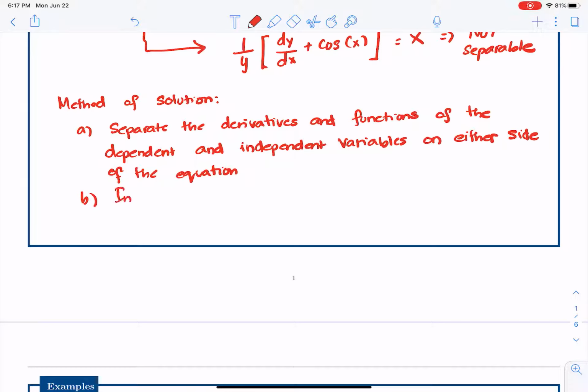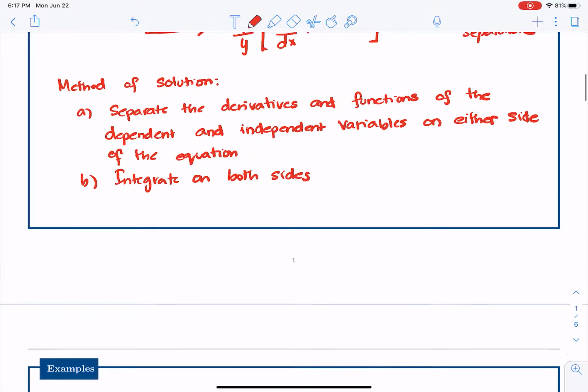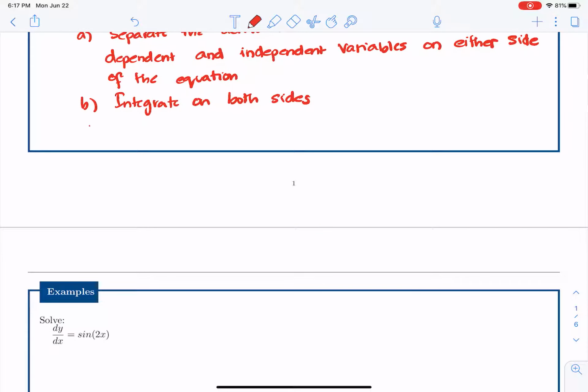Next step, integrate on both sides. And you solve for y. Of course, there will be a constant of integration, and if it is an initial value problem, we can solve for that constant of integration.